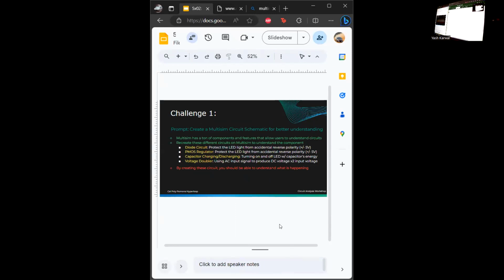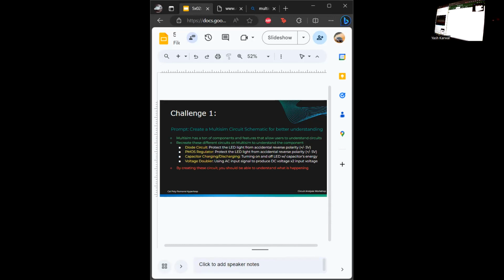So you probably can't see that from here, but the first circuit is the diode circuit. Does everyone have it? If you can't pull it up on your computer, you can just follow what I'm doing, because I'm gonna explain everything. On the left-hand side is where all your components are.